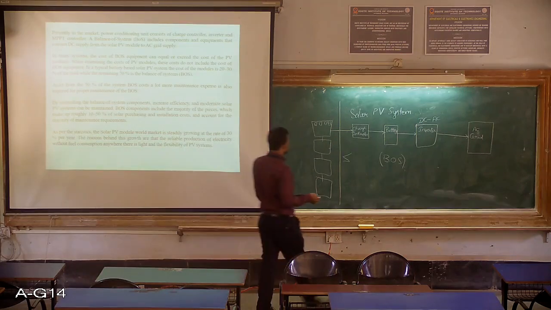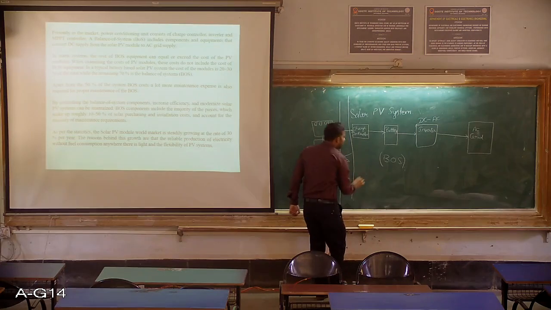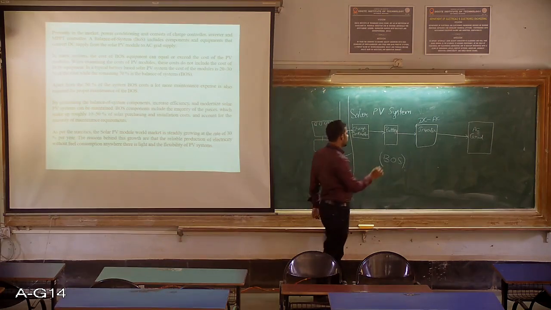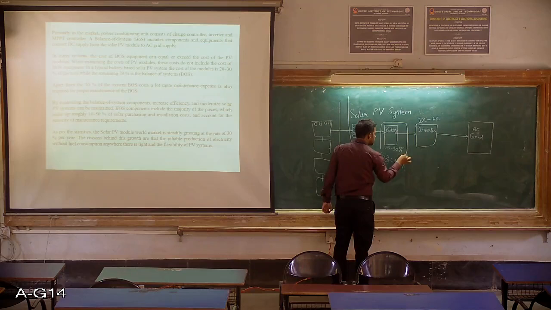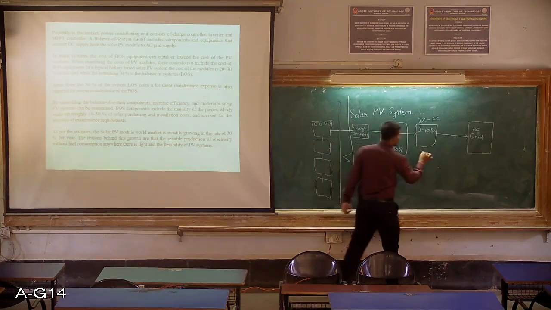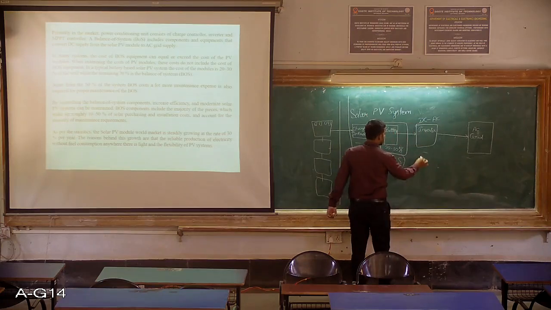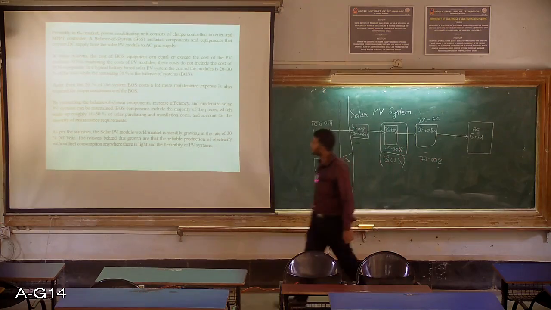Means if we consider the cost of the BOS, in this 20 to 30% it accounts only for the battery. Battery is the higher cost one in the BOS, and the remaining system accounts for 70 to 80% of the total cost. That is the meaning of this.